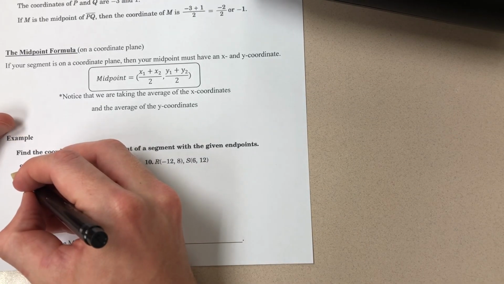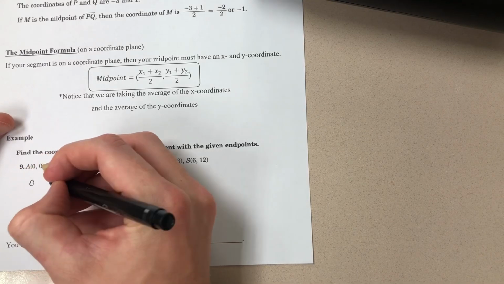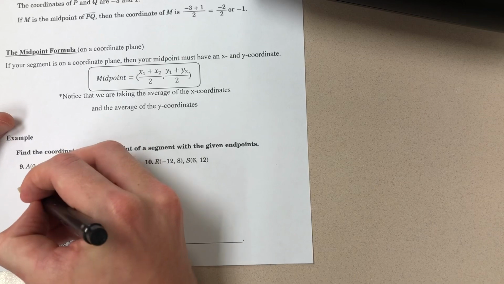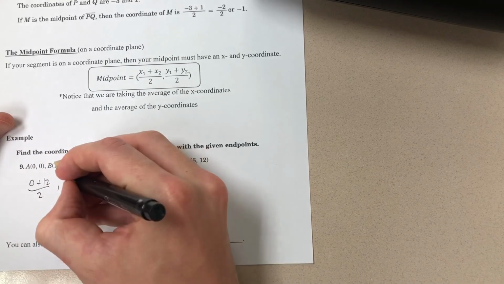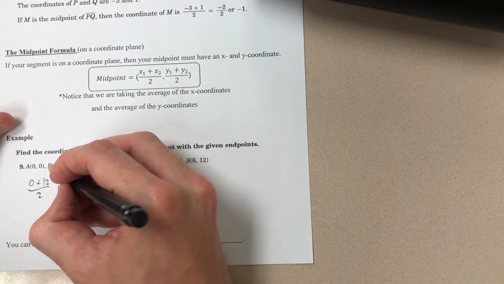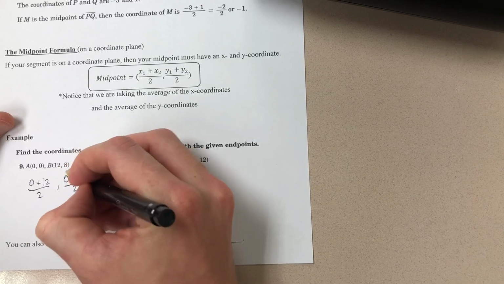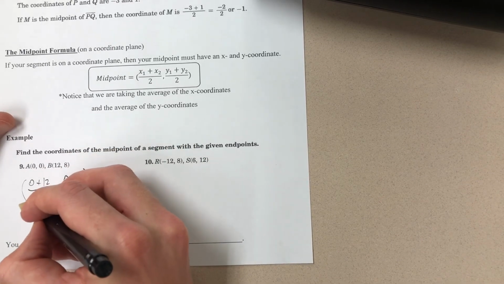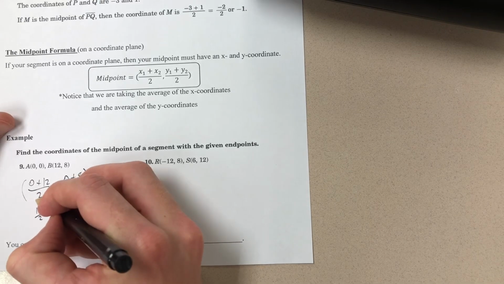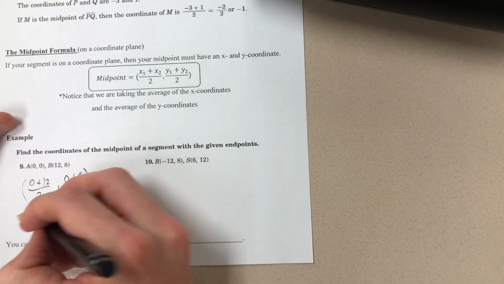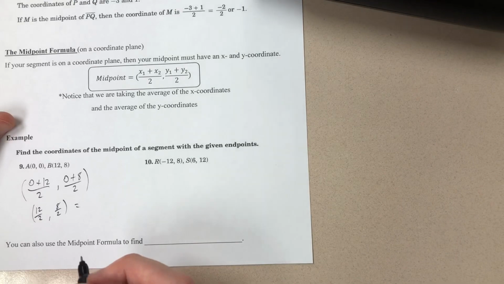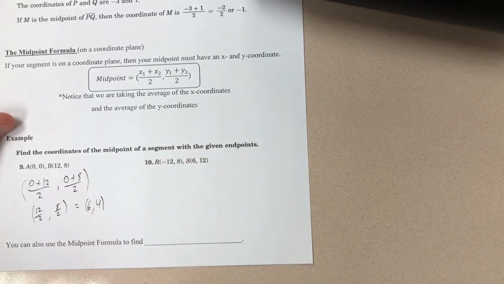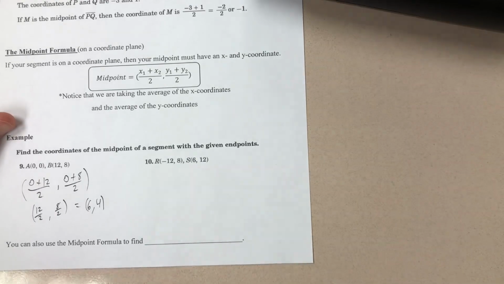So we're going to find the x-coordinate, we'll do 0 plus 12 divided by 2, comma 0 plus 8 divided by 2. As we bring this down, 0 plus 12 is 12 over 2, comma 8 over 2. As we simplify this out, we then get 6, comma 4 as our coordinate for the midpoint.